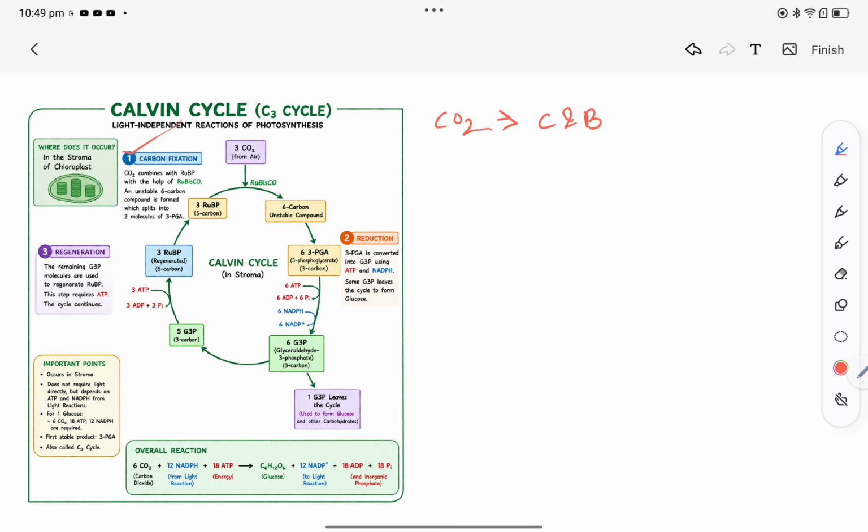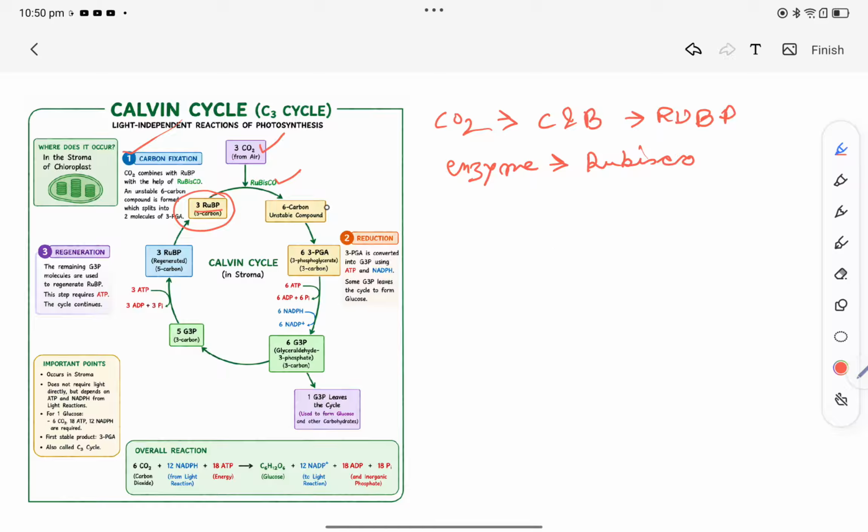CO2 is accepted by RuBP with the help of the enzyme RuBisCO, right? Here you can see carbon dioxide combining with RuBP with the help of the enzyme RuBisCO.